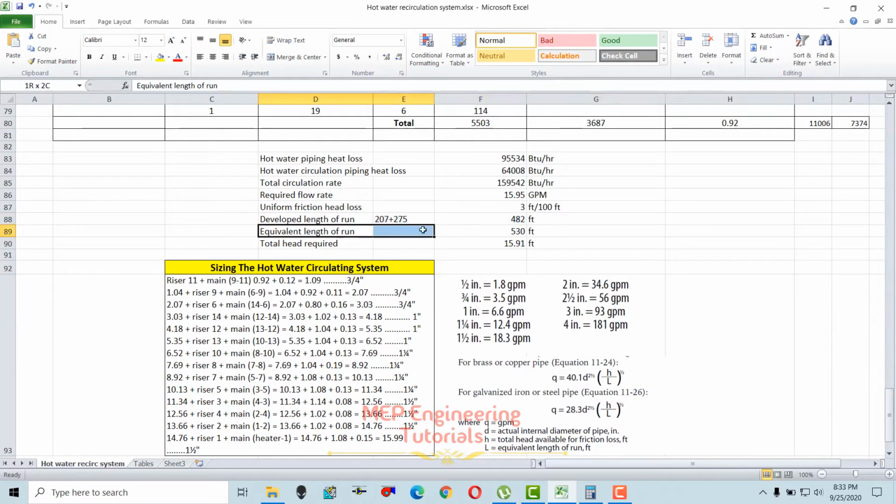So how will we get the equivalent length of run? Since we don't know the sizes for recirculation, we apply the general thumb rule for fittings to get the total equivalent length of run.